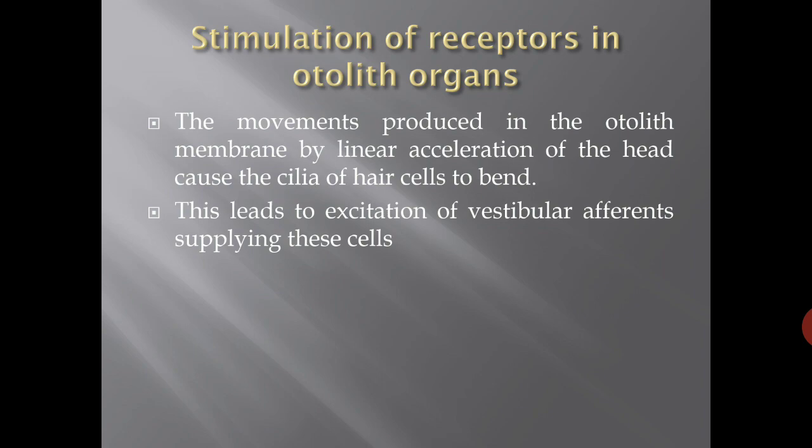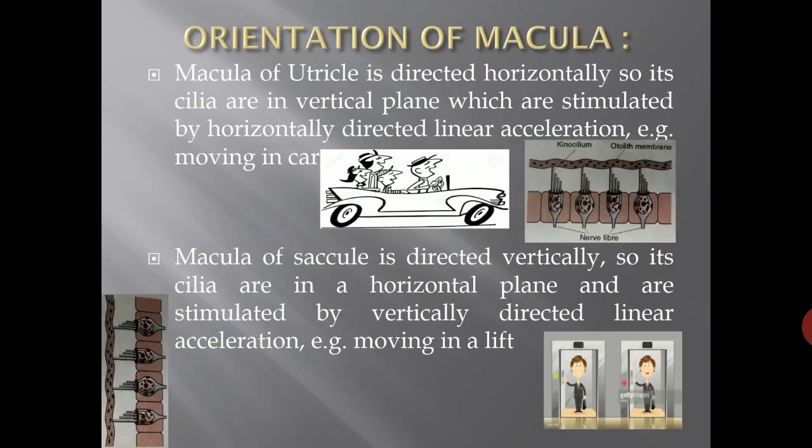Now stimulation of receptors in the otolith organs. The movement produced in the otolith membrane by linear acceleration of the head causes the cilia of the hair cells to bend, and this leads to excitation of the vestibular afferents supplying these cells. Now the orientation of the macula. The macula of the utricle is directed horizontally, so its cilia are in the vertical plane.